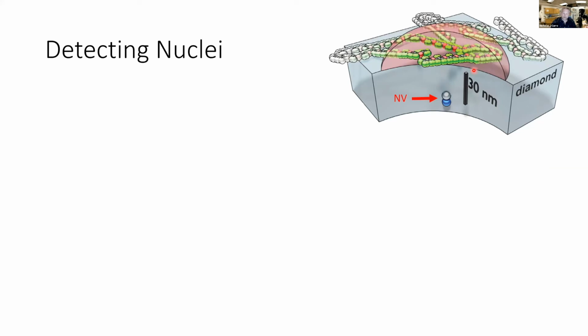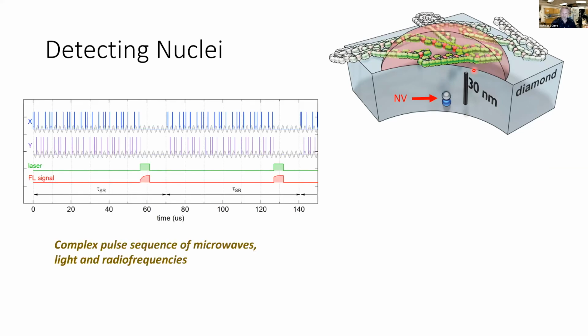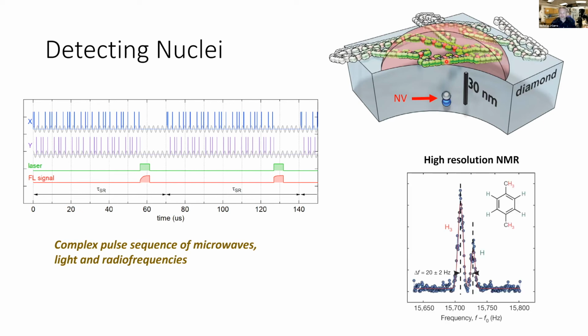And you can apply a very complicated sequence of pulses and manipulate the NV center here to detect the tiny magnetic field created by these nuclei. So this thing on top could be some sort of a protein molecule, and you could do magnetic resonance of the protein molecule, and then you can get really high resolution NMR spectra.